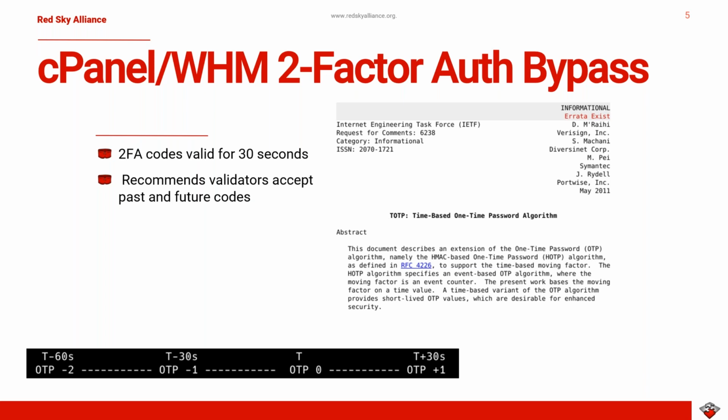However, the validator, the cPanel software, if it follows the RFC, which most validators do, it should accept the other 3 one-time passwords represented here, one that would be valid at the current time plus 30 seconds, and 2 others that were valid 30 seconds ago, and another one that was valid 60 seconds ago. So this provides a 2-minute window of time that an attacker can try to guess any one code before it rotates out of this time window.